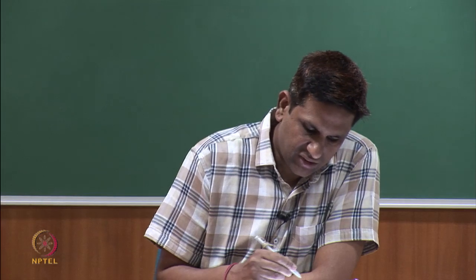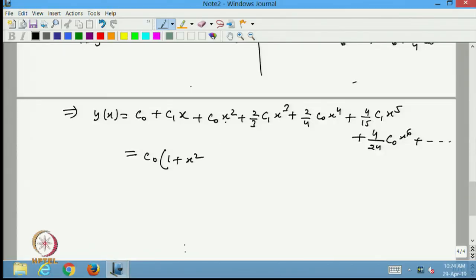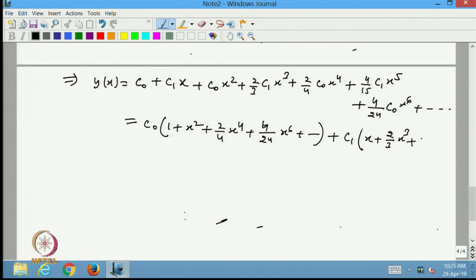So, if I collect the terms corresponding to C0, I will get 1 plus x square plus 2 by 4 x power 4 plus 4 by 24 x raised to power 6 and so on, plus, collecting the terms corresponding to C1, x plus 2 by 3 x cube plus 4 by 15 x 5 and so on.